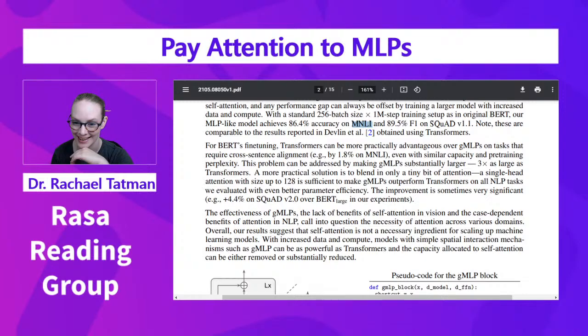That I like a lot. The improvement is sometimes very significant. You can always tell when it's a person who's not a statistician discussing their results, e.g. plus 4.4% on Squad V2 over BERT large in our experiments. I will say that it is good to see these results.